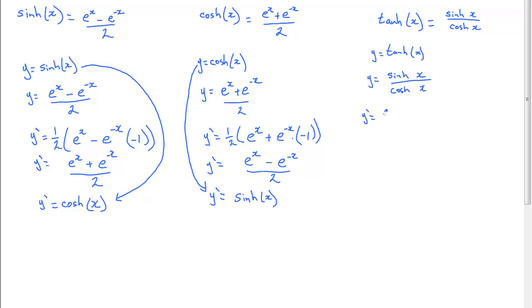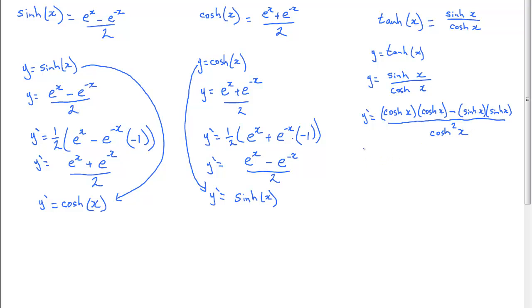The derivative of hyperbolic sine is cosh of x. Keep the bottom, which is cosh of x, minus the derivative of the bottom, so the derivative of hyperbolic cosine is hyperbolic sine, and keep the top, so that's hyperbolic sine, all over the bottom squared, which is hyperbolic cosine squared of x.